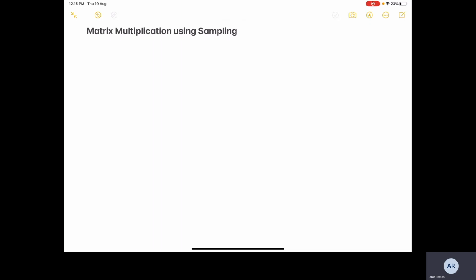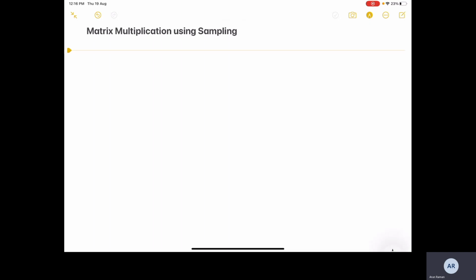So I thought that maybe we can briefly discuss how we can perform multiplications for very large, very massive matrices. We will do that using what is in general termed as sampling. So the agenda for today's lecture is matrix multiplication using sampling.